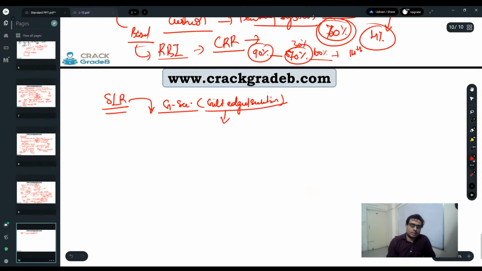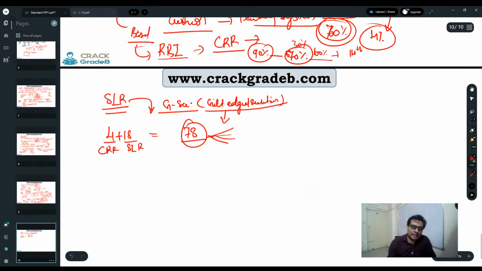That means there is no possibility of loss when you put your money in the form of investment here. But after 4 plus 18, meaning 4% CRR and SLR, the remaining money is available, the remaining 78 rupees. So this 78, the bank can invest in different areas, right?